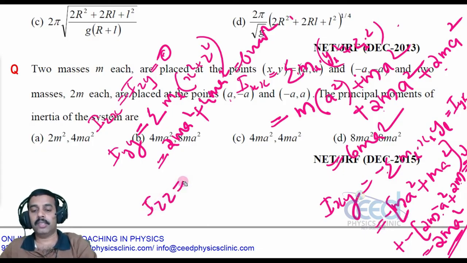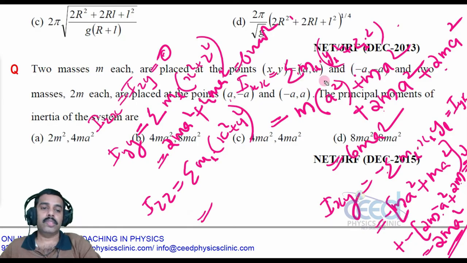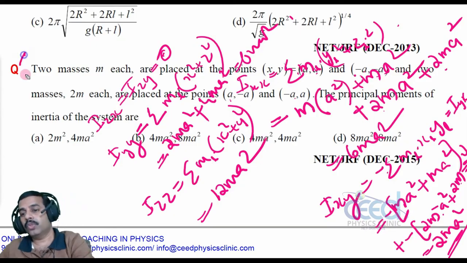What is Izz? Izz is equal to sigma mi into (x square plus y square). So we have all the sum: a square plus a square, 2ma square, 4ma square, and 2ma into 4, 8ma square, that is 12ma square, right? So finally we can substitute all the values. What is Ixx value? That is 6ma square.